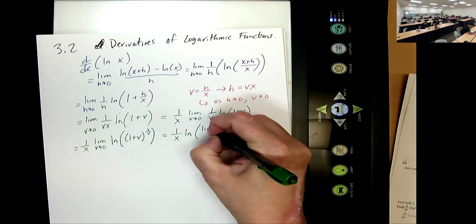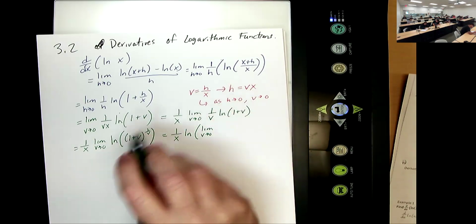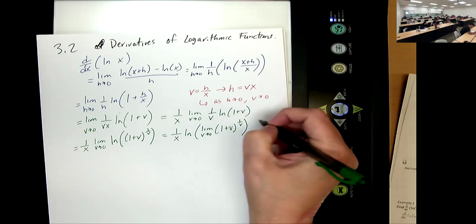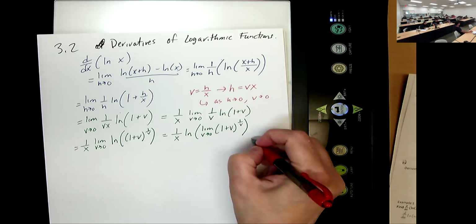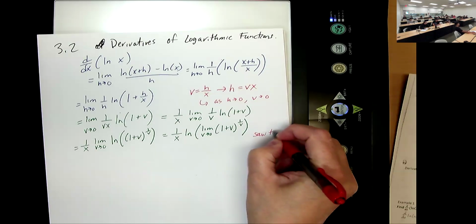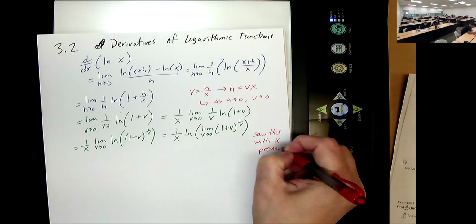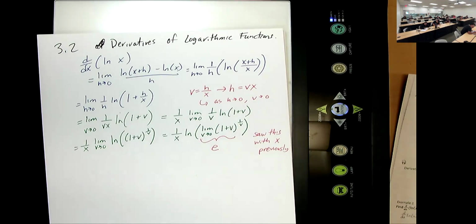We saw this is something we could do back in limits. I think I got enough parentheses there. We saw this same thing with x previously. This equals e. It's one of the ways e is defined.